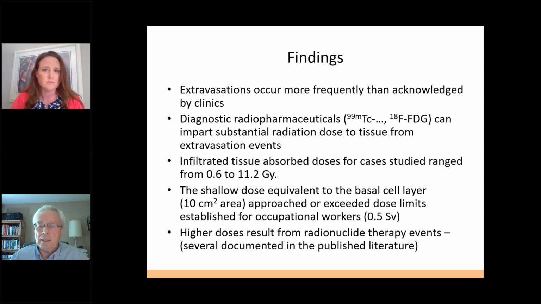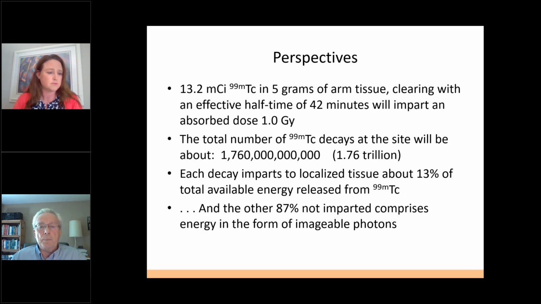These are important, and the doses can be rather substantial if the activity is confined to a small tissue volume. For example, just for the physicists among us, 13.2 millicuries and 5 grams of arm tissue with a half time of 42 minutes, which is typical, imparts an absorbed dose of 1 gray, or double the limit.